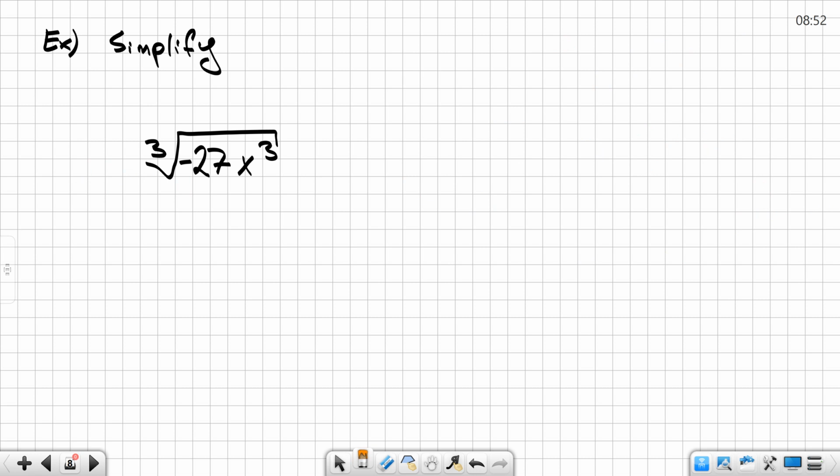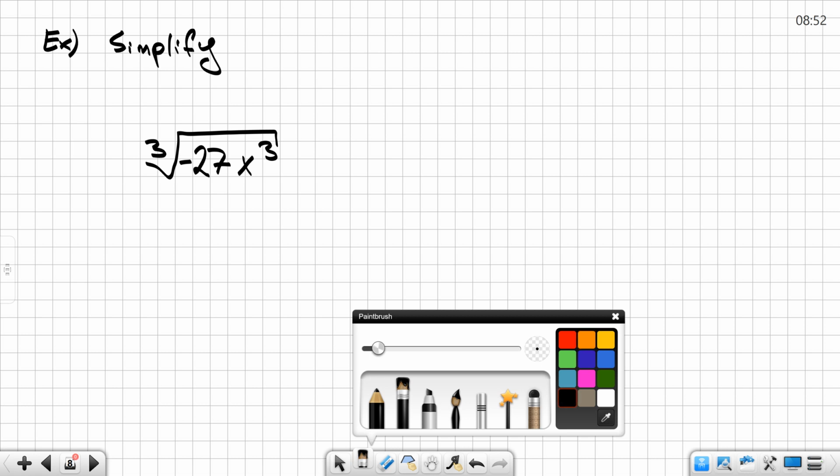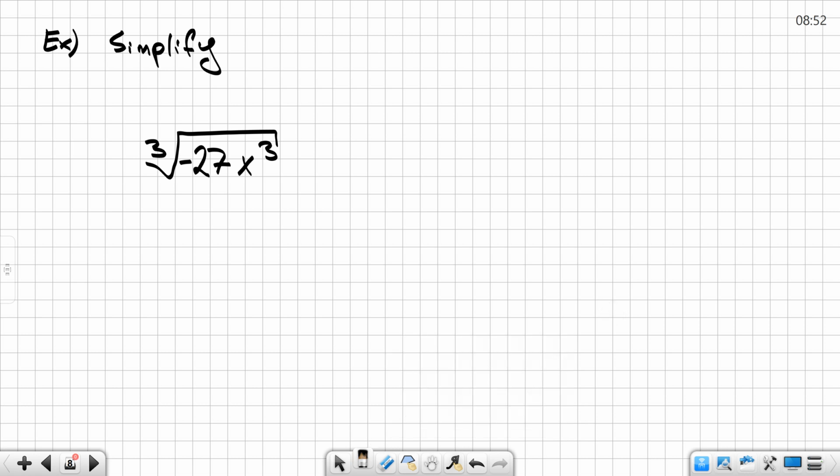Let's go ahead and simplify one more expression before we go yet higher with our indices. The cubic root out of a negative 27x cubed. I am going to rewrite the radicand so that I have a perfect cube. I can do this by plugging in a negative 3x in here.